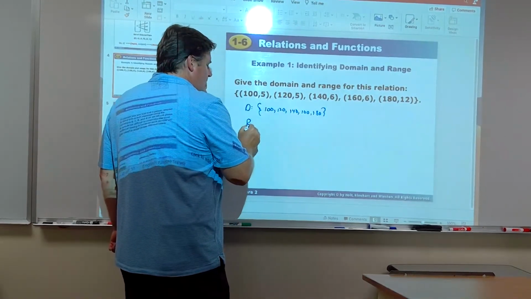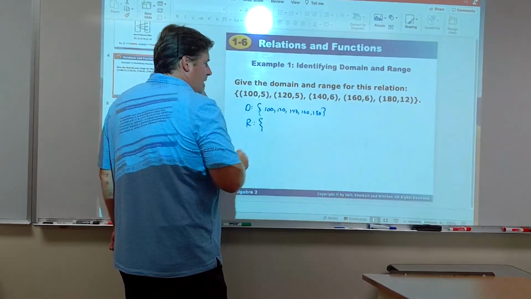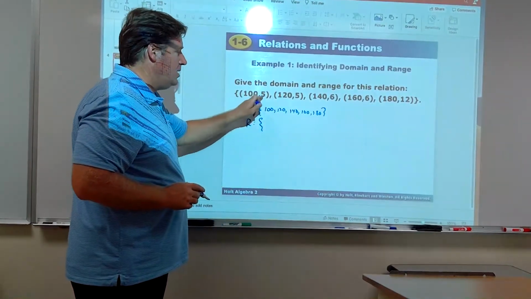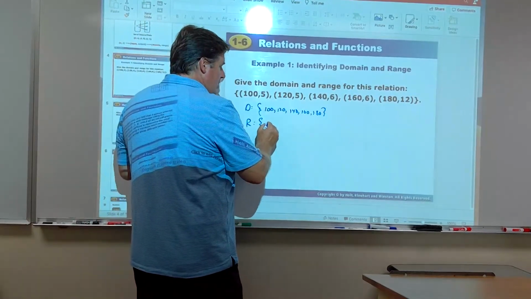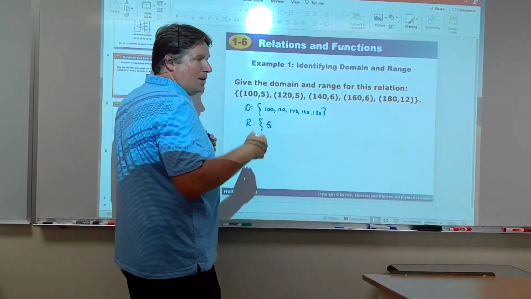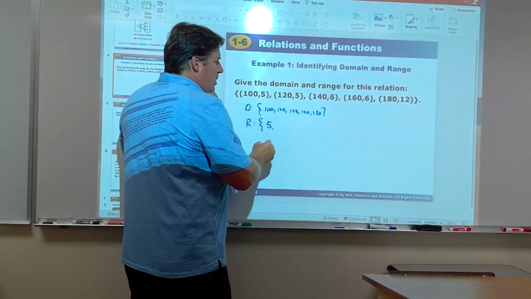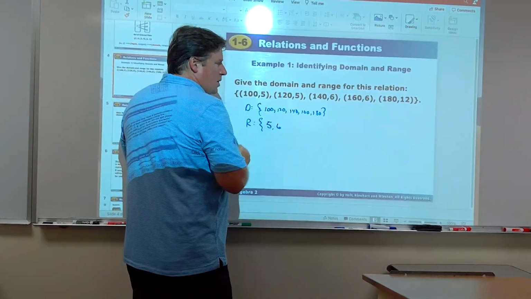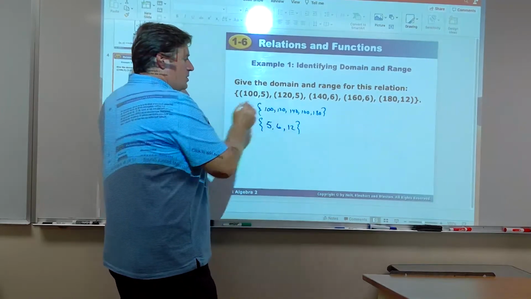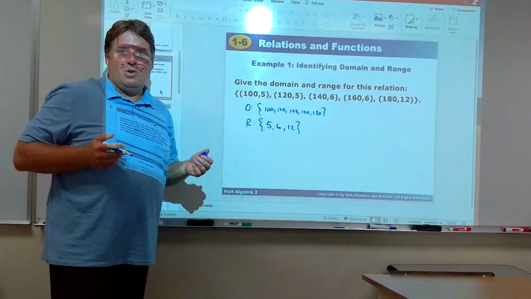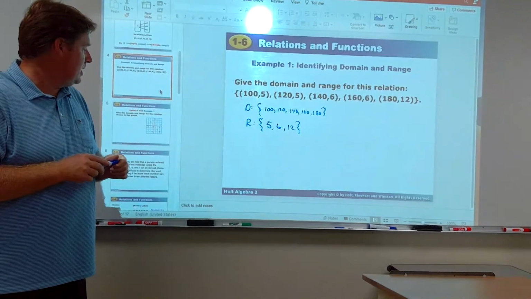And then the range, just use an R, and we'll use a fancy bracket. Now, you'll see here that the range, we have a 5, we also have a 5 again, so you don't have to list it twice. And most of the time, we like to list them in order. We go 5, 6, again we don't have to list that twice, and then we have a 12. So there's your inputs, your domain, and your outputs, and that's your range as we write those.